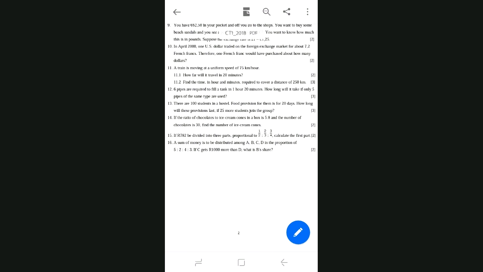You can say that if 20 is to x that you don't know, then 100 will be to 125.